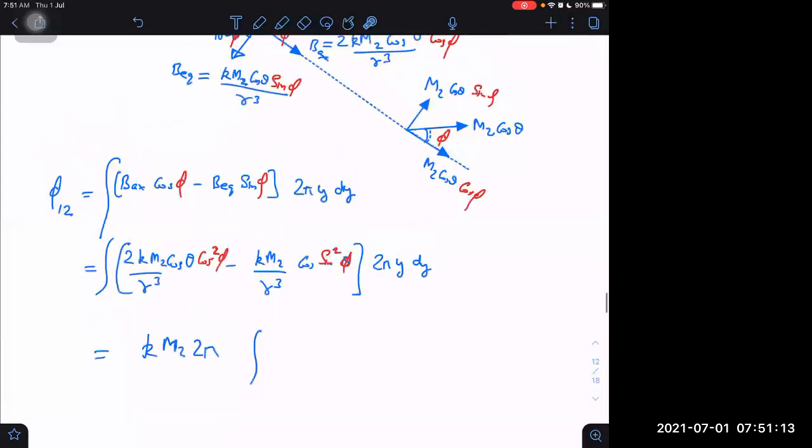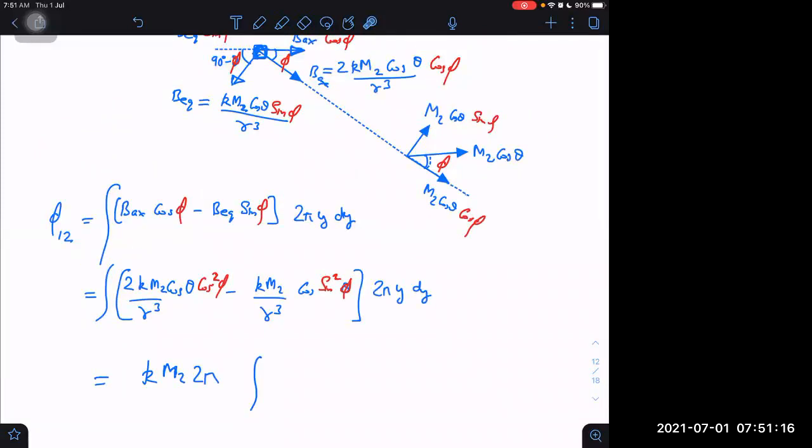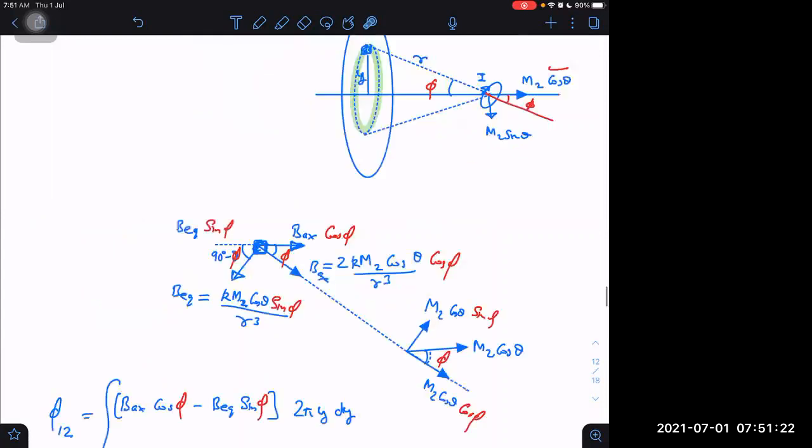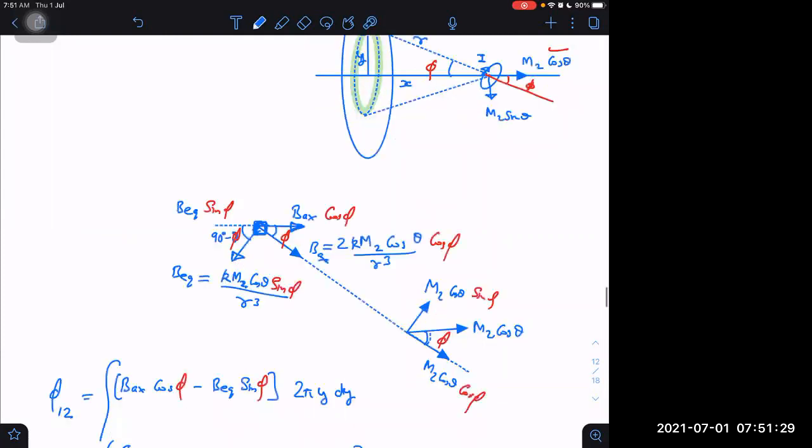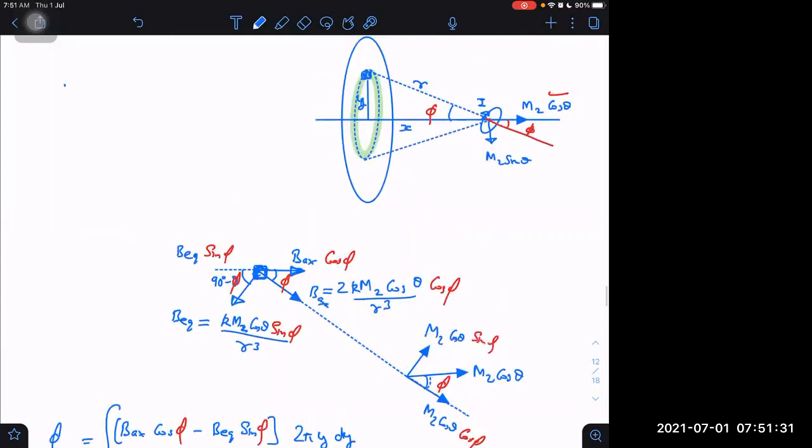This angle of M2 with our axis will remain fixed, but phi will be varying depending upon y and r. Sin phi will be varying as y upon r. I think x is also constant. We can try writing everything in terms of x. Then it will make things easier.